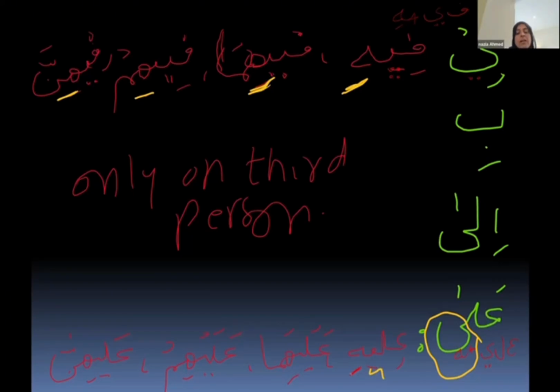Again, why? Because ya has a friendship bond with zair, with kasra. So it will be not alayhu, it will be alayhi. Then alayhima. Not alayhum, it will be alayhim. Not alayhunna, it will be alayhinna. Again, the reason I just explained.